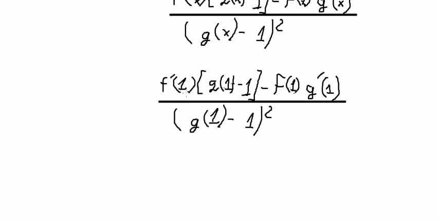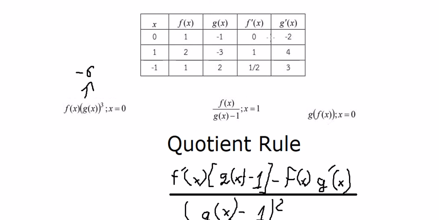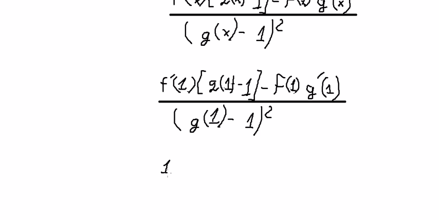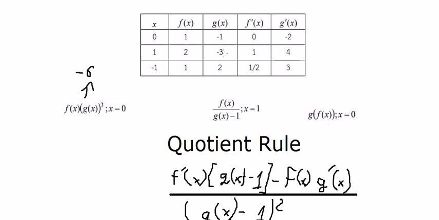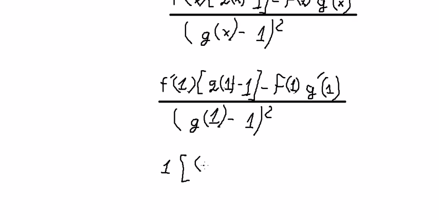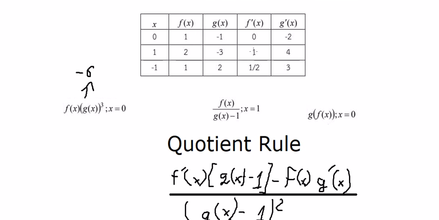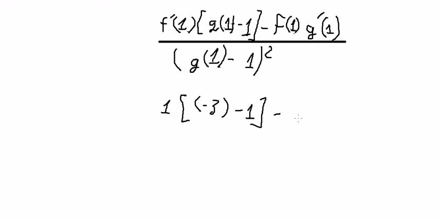First the derivative of f of number 1, so we got about number 1 in here. g prime of number 1, so that's a negative number 3. f of number 1, that's about number 2.